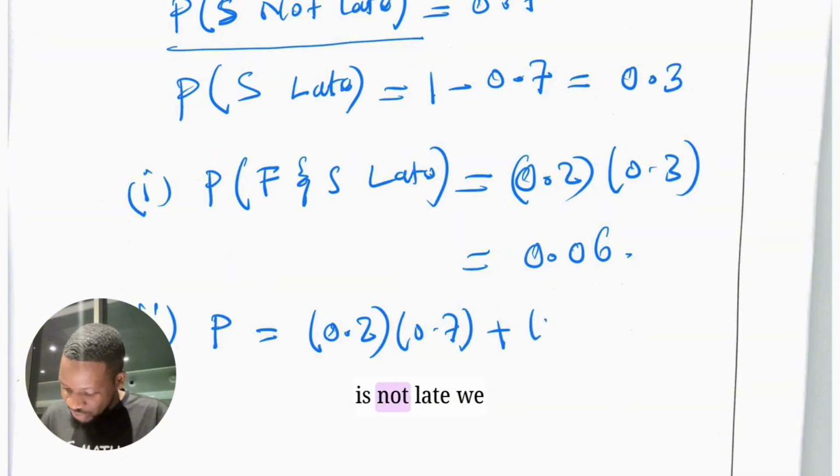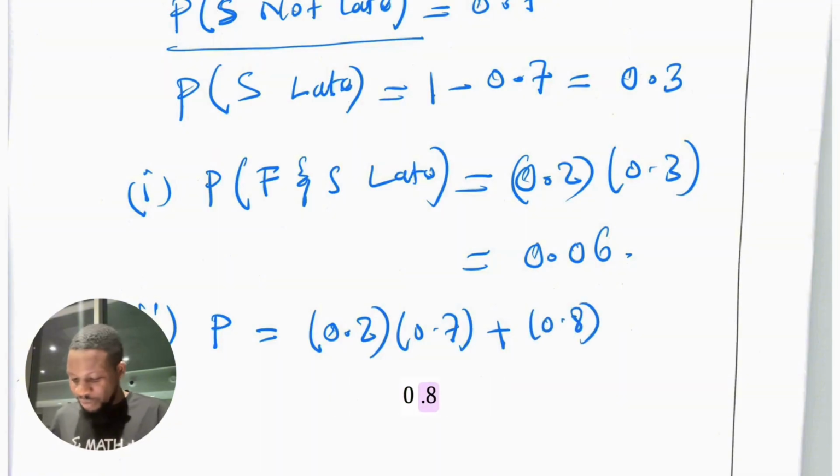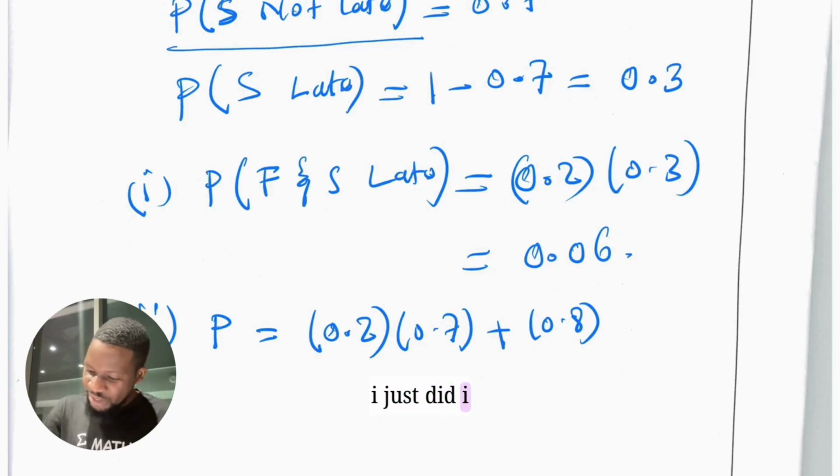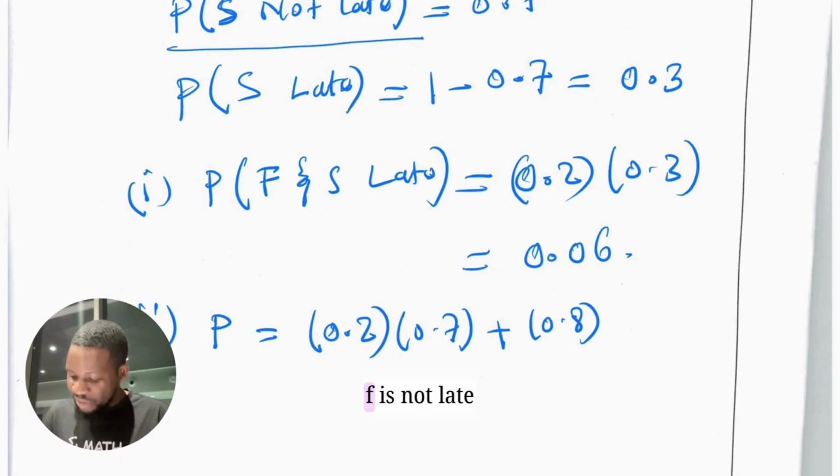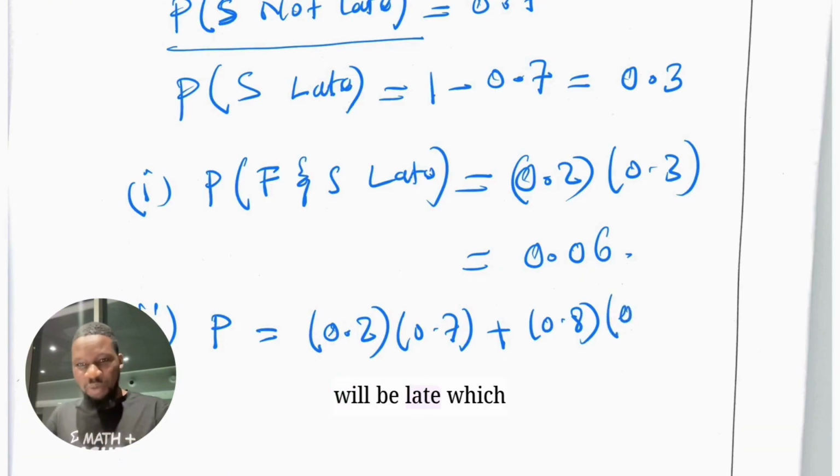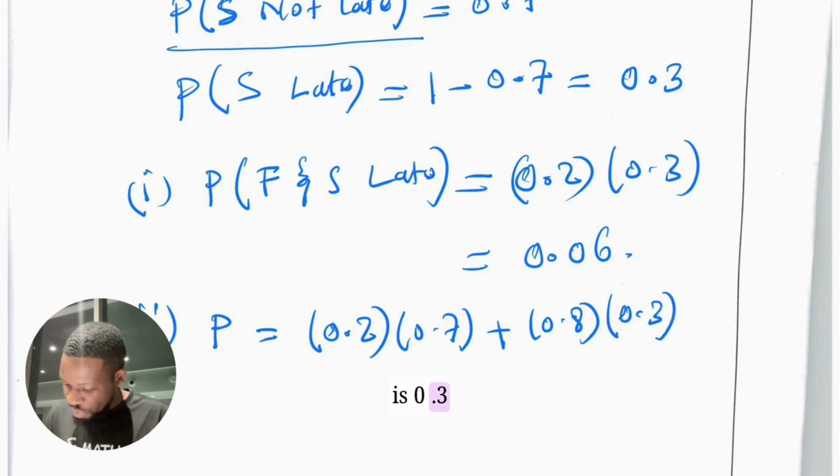If F is not late, we have 0.8. How did I find 0.8? I just did from the first one here, 1 minus 0.2, which is 0.8. So because F is not late, S will be late, which is 0.3.